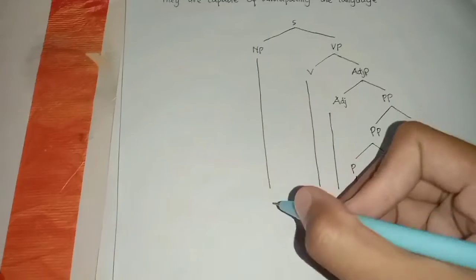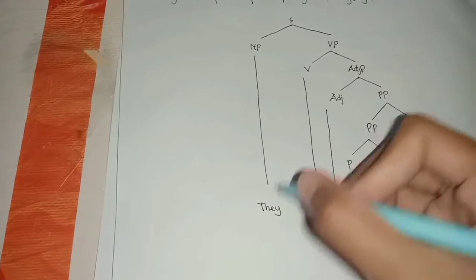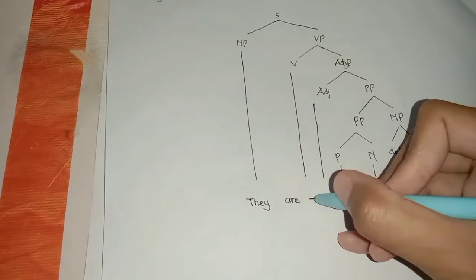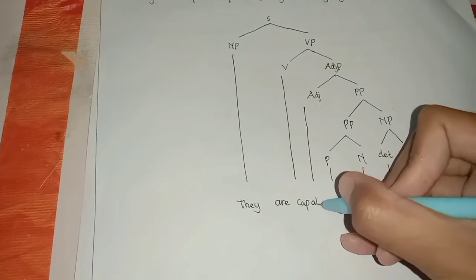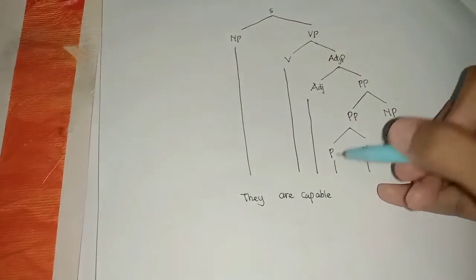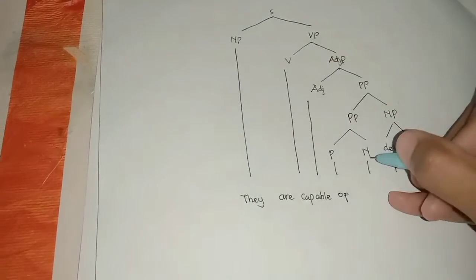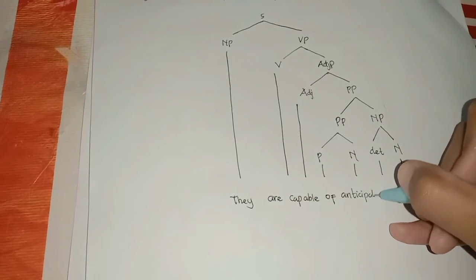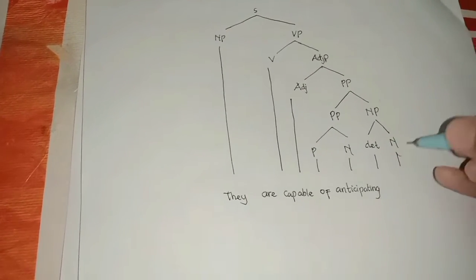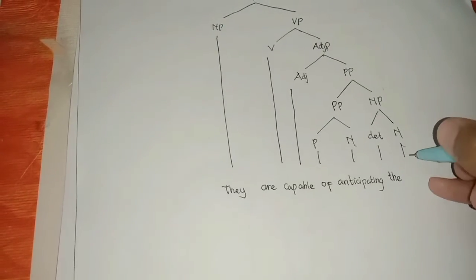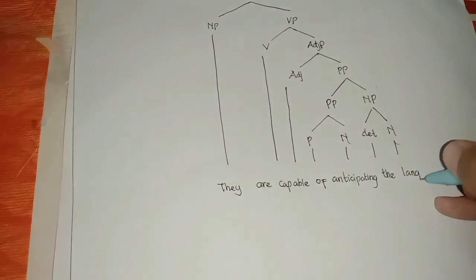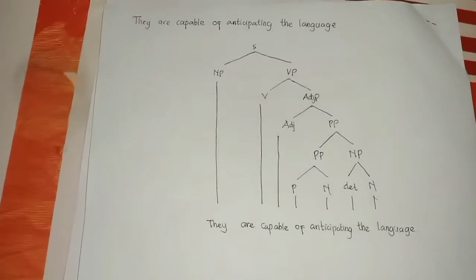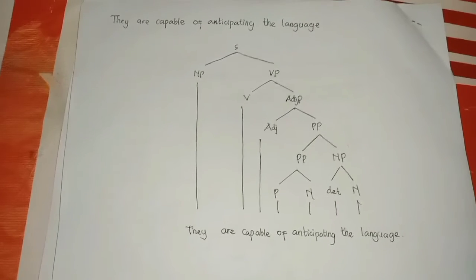Noun phrase is they, the verb is are, the adjective is capable, the preposition is of, the noun is anticipating, the determiner is the, and the noun is language. So here is the tree diagram of this sentence.